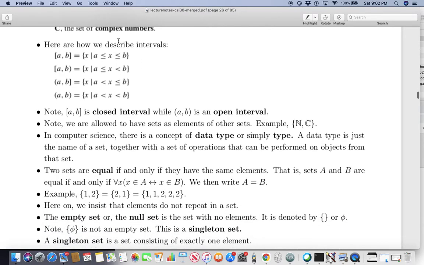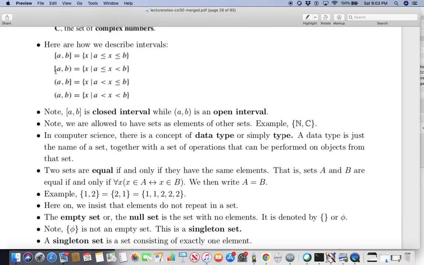Here is how we describe intervals. [a, b] is the set of all real numbers x such that a ≤ x ≤ b, that is, x is between a and b. A bracket represents a closed interval and a parenthesis represents an open interval.